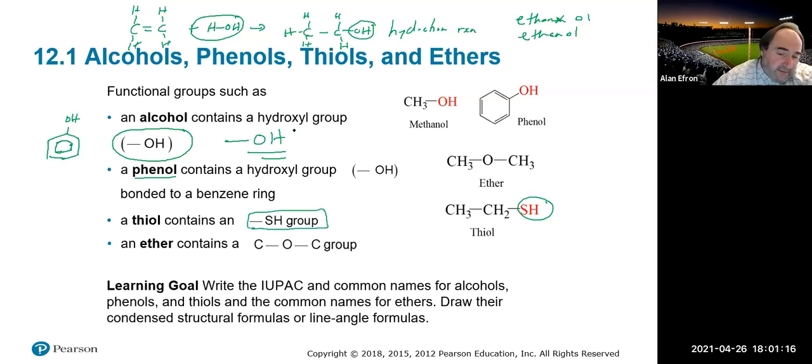It's very similar to an alcohol; they share very similar properties. And then our ether's functional group is carbon-oxygen-carbon. So the functional group of an alcohol is OH, of a thiol is SH, and of an ether is carbon-oxygen-carbon.